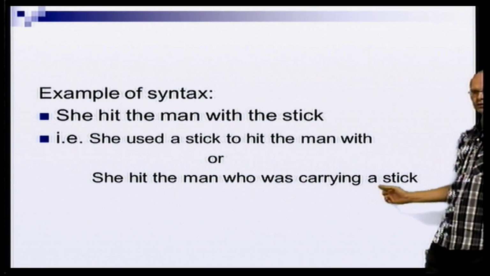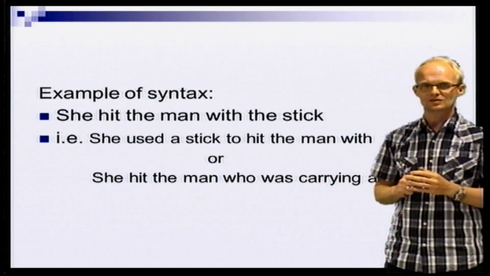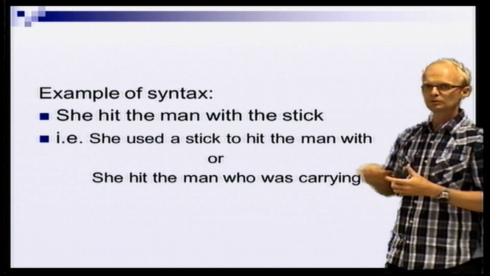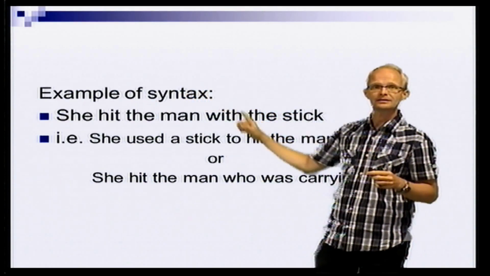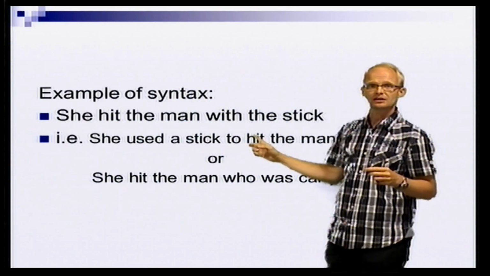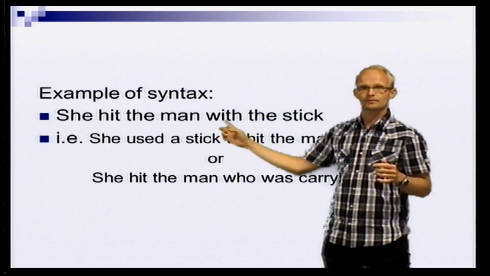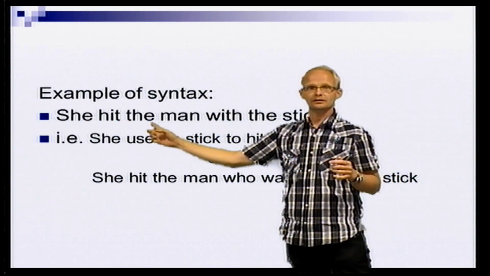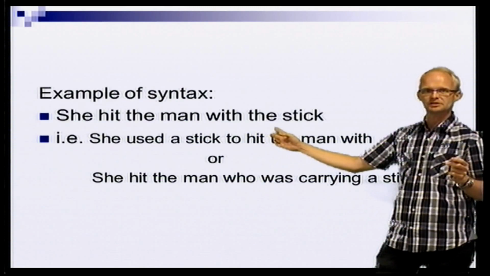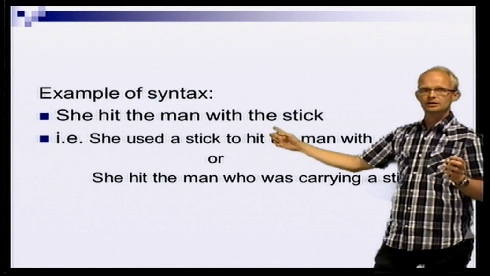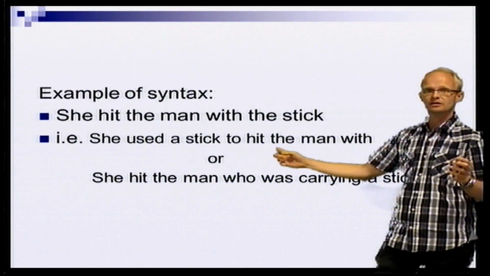So if you know syntactic analysis, sentence analysis, you will be able to see that the man and with a stick can either be two different elements or it can be one element. In the first interpretation, she used a stick to hit the man with.